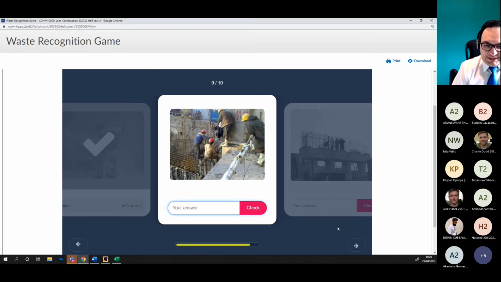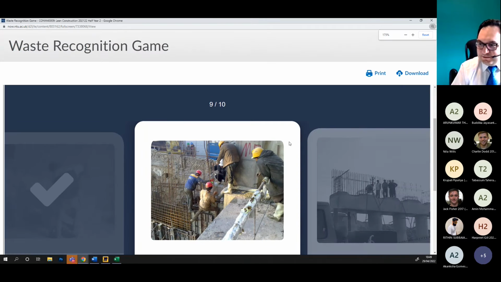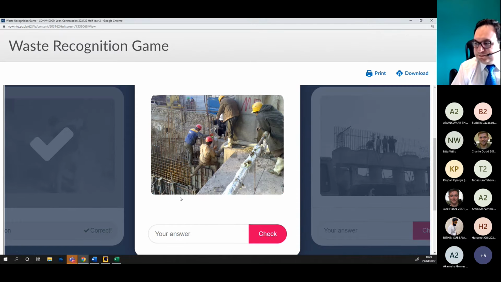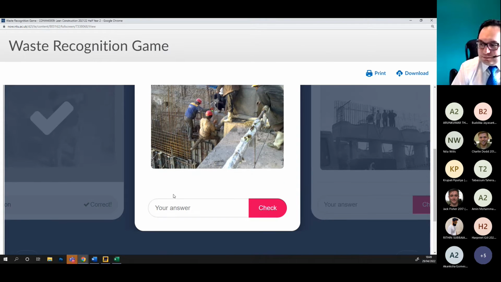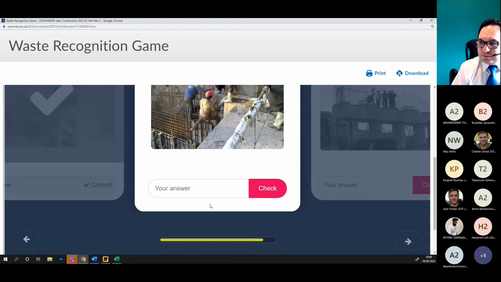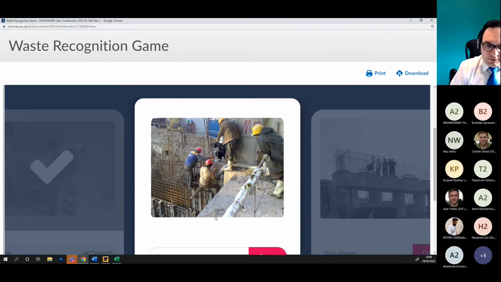Motion, waiting, skills. Good. Just zoom in a little bit if I can. Yeah, motion is correct. Can you see this guy here?